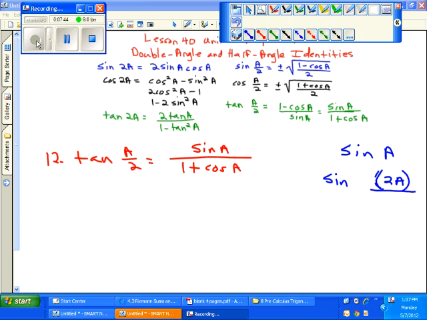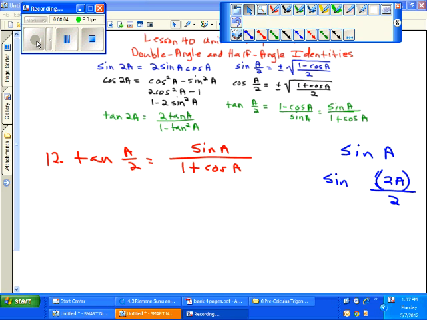So sine A is the same as sine 2A over 2. And that writes it as a half angle situation. Okay? So if we're in need of getting a half angle situation, and all we got is A, we have to go 2 times that over 2, and it's equivalent.